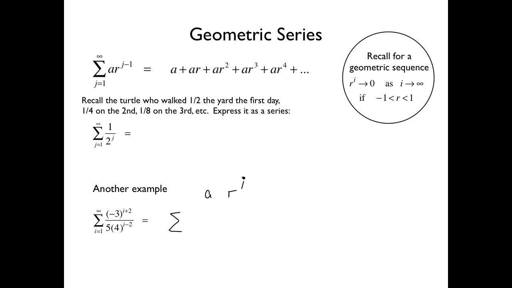That's fine. So how do we rewrite this expression so that it ends up in the form a times r to the i minus 1? Then once we have that, we can analyze it more easily.